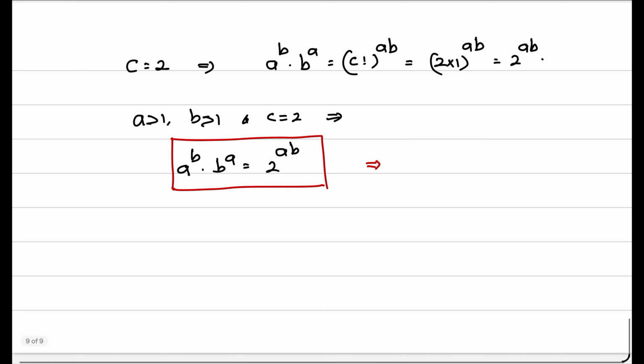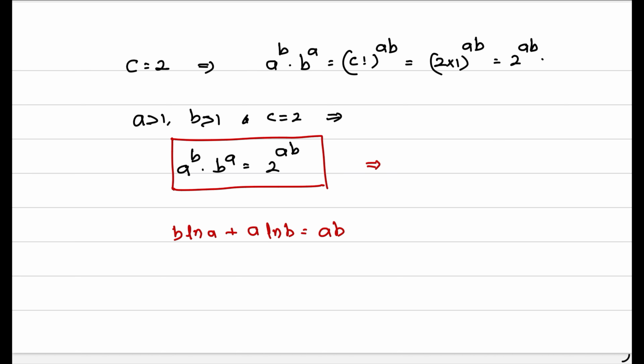B into ln A plus A into ln B is equal to AB into ln 2.